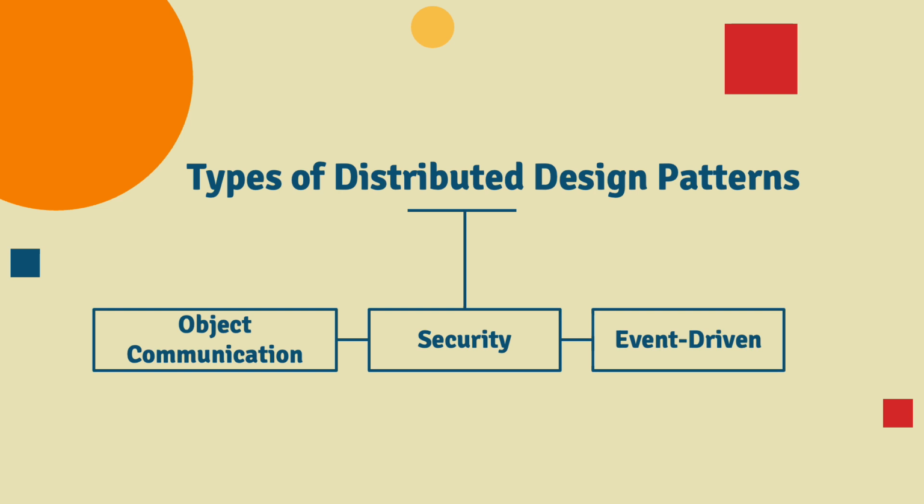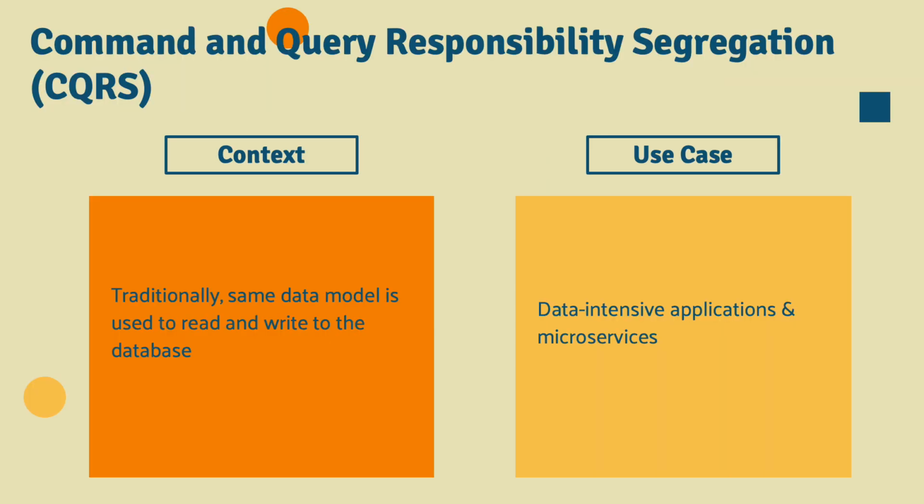It handles confidentiality, integrity, and availability concerns to ensure that the system is secure from unauthorized access. And finally, event-driven. The patterns that describe the production, detection, consumption, and response to system events are well within the range of these.